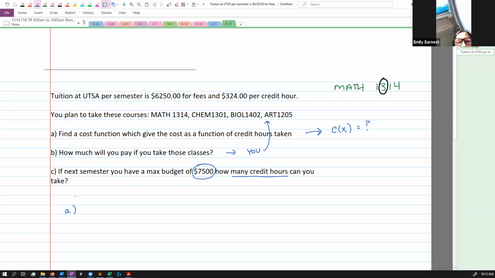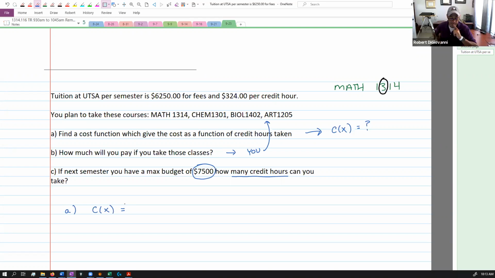For part A, if my understanding is correct, it would be trying to find out what the total cost was if you took those classes, right?